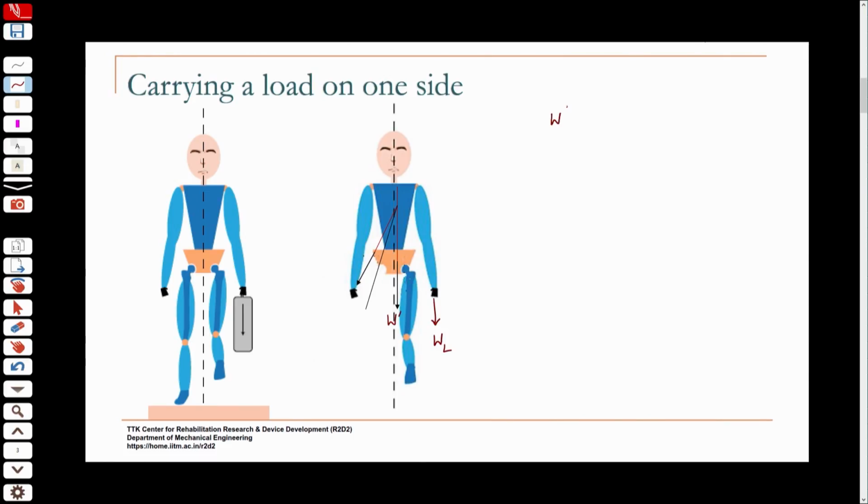If I take the free body diagram in single stance of the leg that is suspended and the whole body, then W dash is basically the whole body weight minus the weight of the supporting leg. This is the supporting leg, I am removing that for the free body diagram.